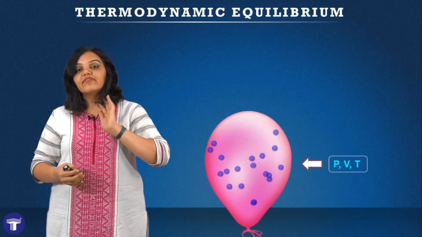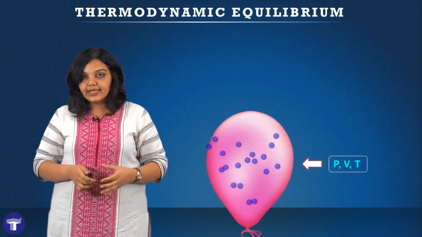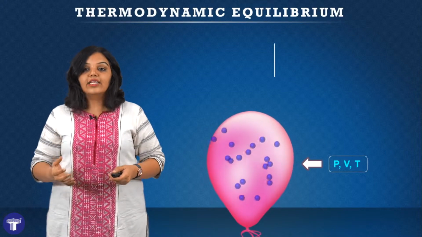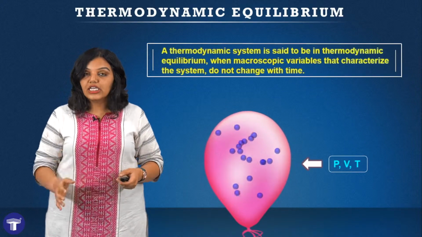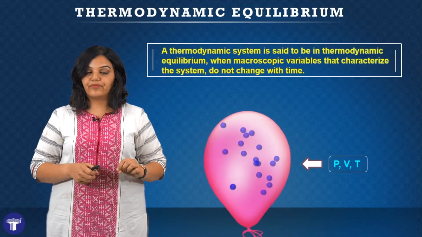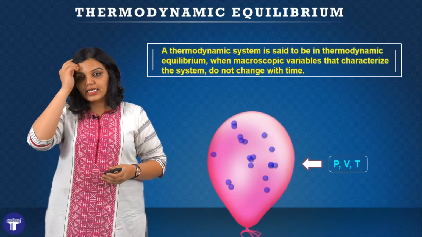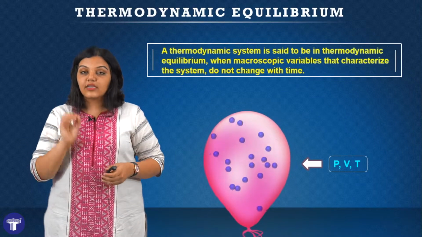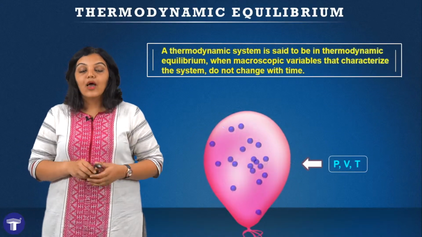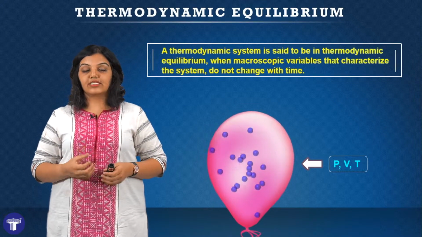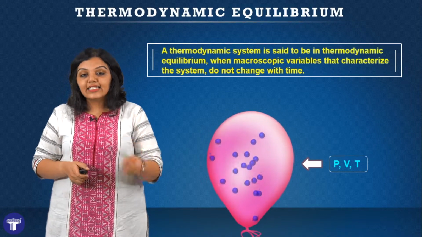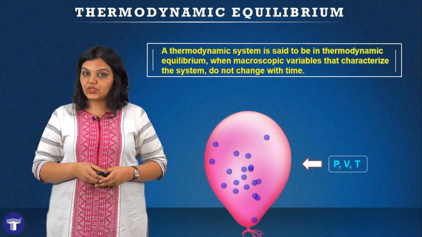So thermodynamic variables are those variables which are needed to completely describe a system. And if the values of these variables do not change, then we say that a thermodynamic system is in equilibrium. Let me define thermodynamic equilibrium formally. A thermodynamic system is said to be in thermodynamic equilibrium when macroscopic variables such as pressure, volume or temperature for a gas, which characterize the system, do not change with time.